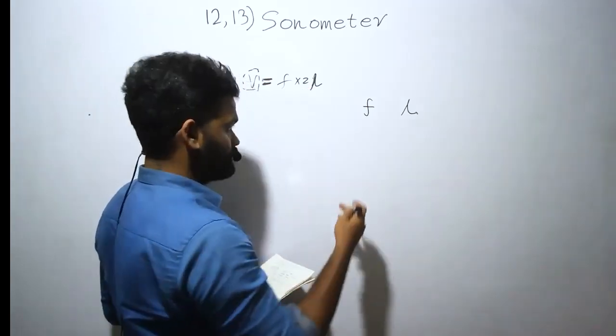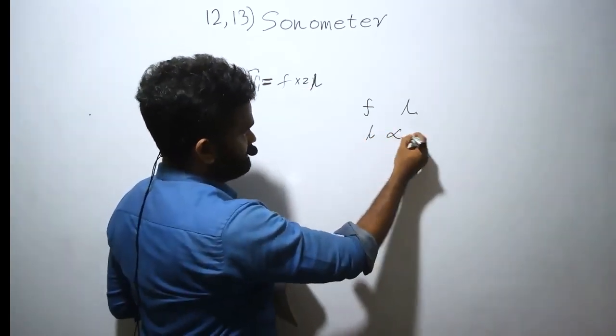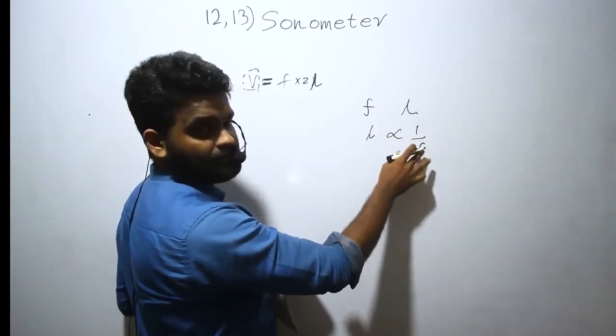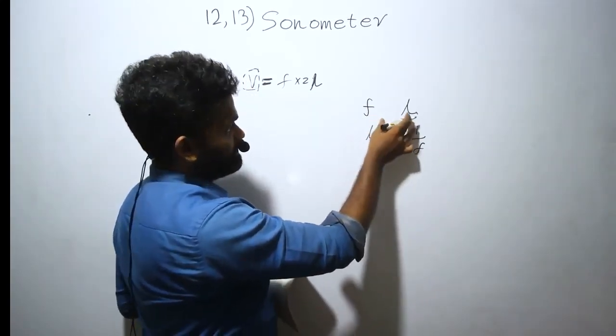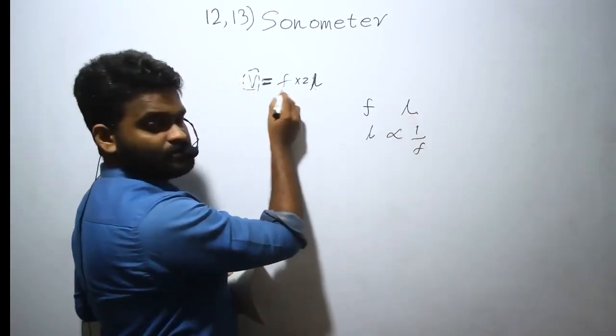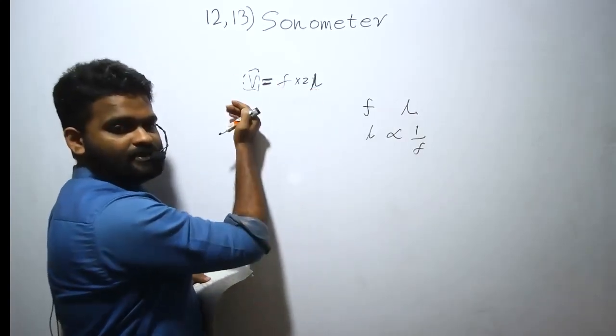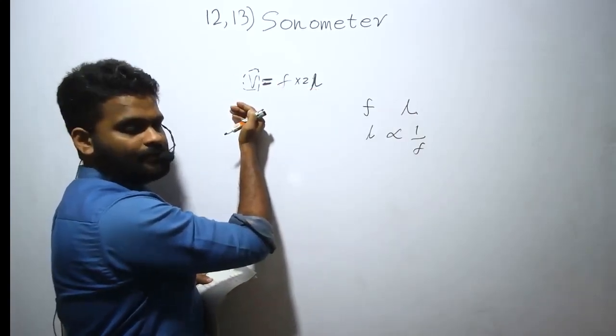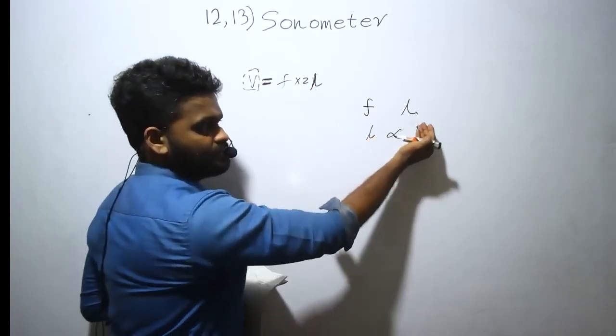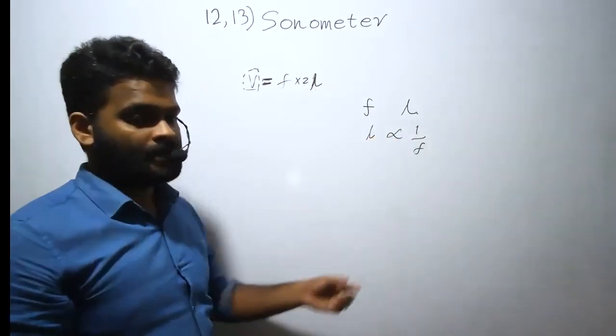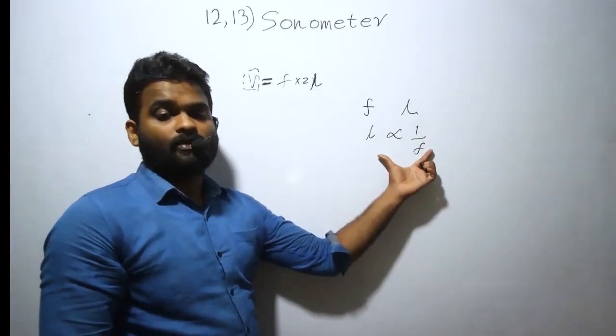I mean combination. Length is inversely proportional to F. You can say that, right? You can make L the subject, and F is below at the denominator. So L is inversely proportional to F. So this is what you have to prove here.